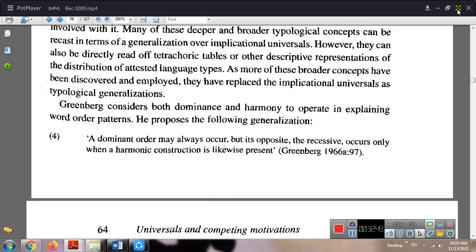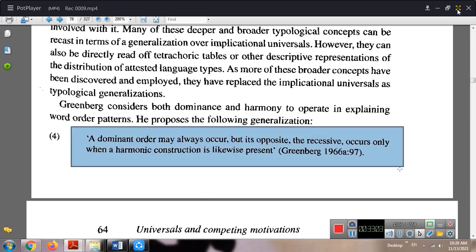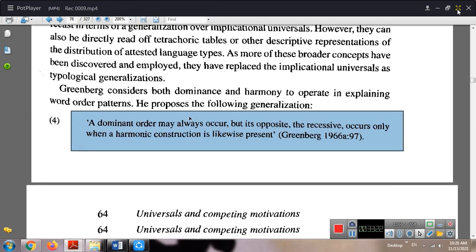A dominant order may always occur, but its opposite, the recessive, occurs only when a harmonic construction is likewise present. You should know that: a dominant order may always occur, but its opposite, the recessive, occurs only when a harmonic construction is likewise present.